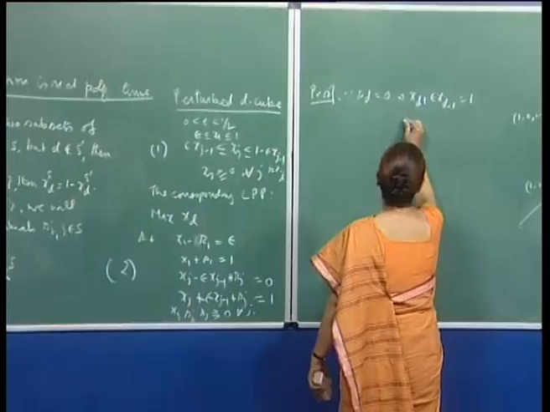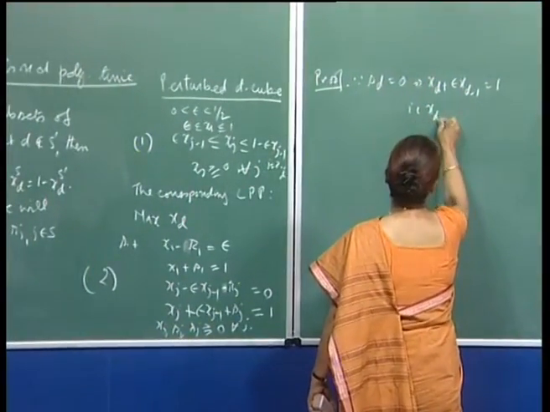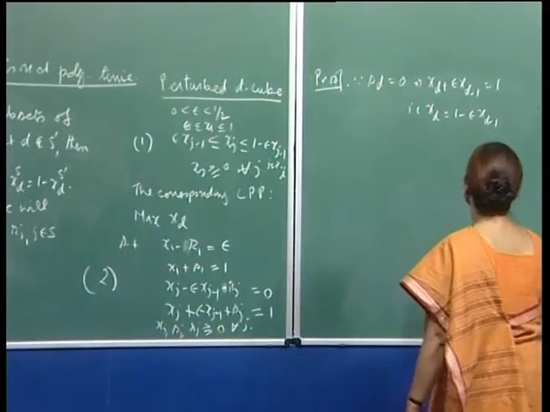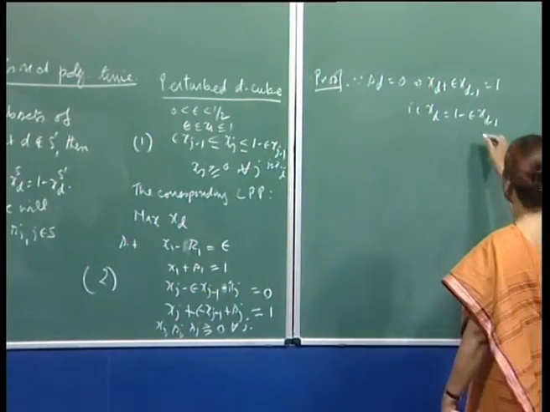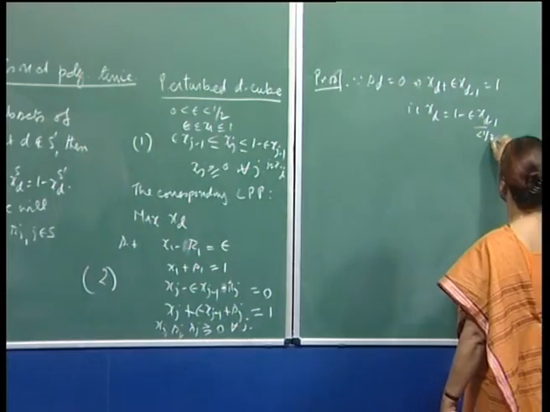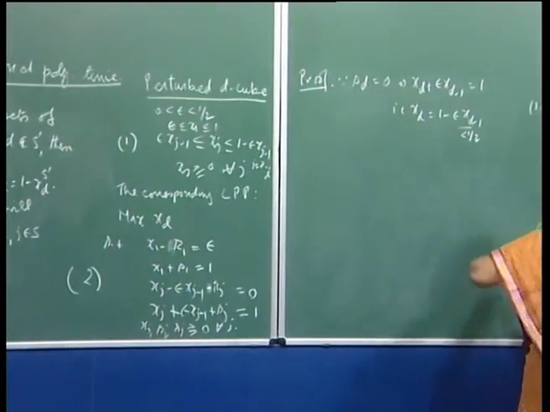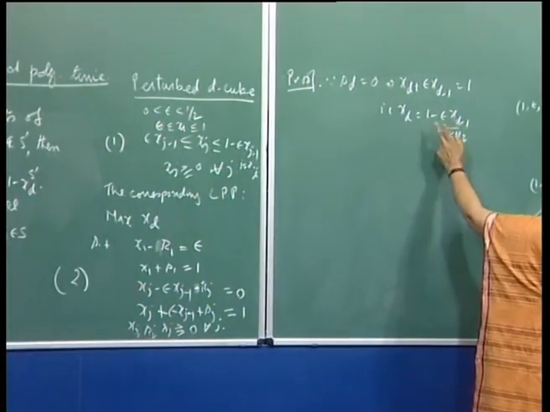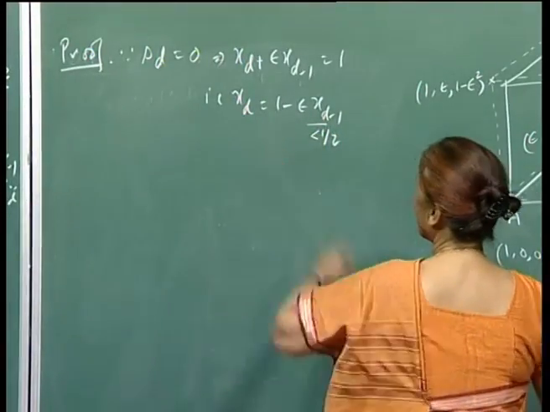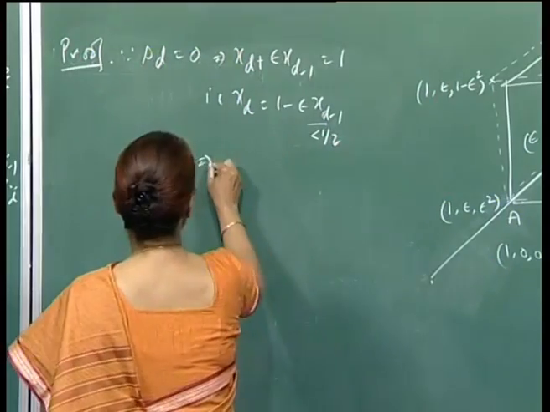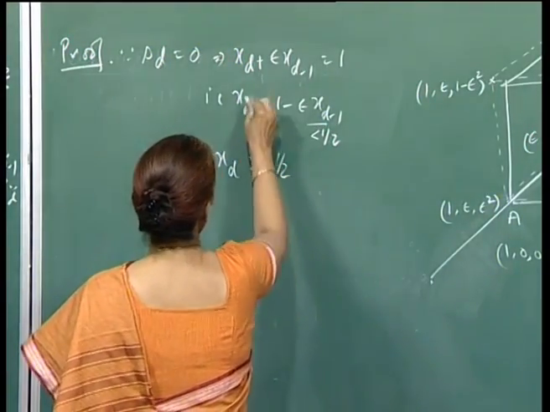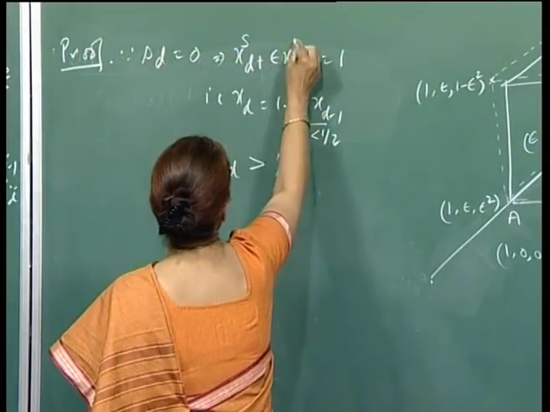So, Xd is equal to 1 minus epsilon Xd minus 1, and this quantity is, as I have been showing you already, because epsilon is less than half and Xd minus 1 is also less than or equal to 1, so the subtracted term is less than half, which implies that Xd is greater than half.